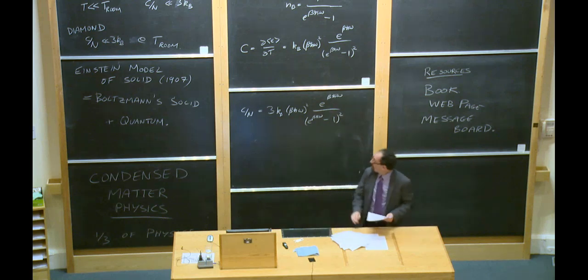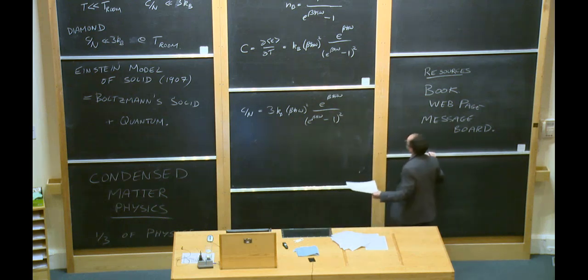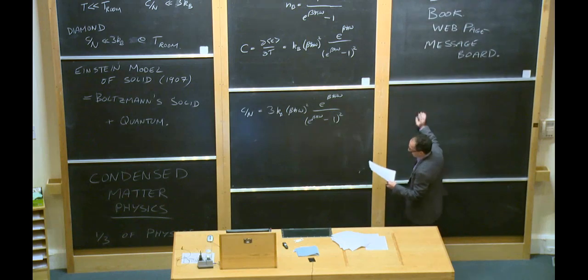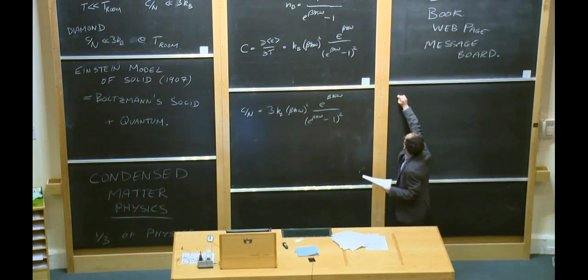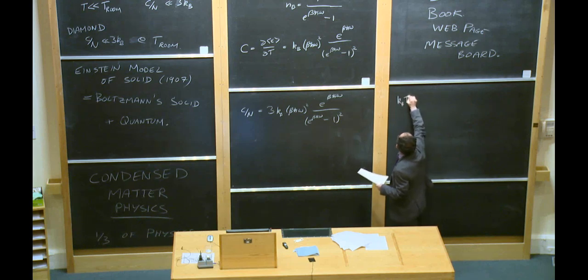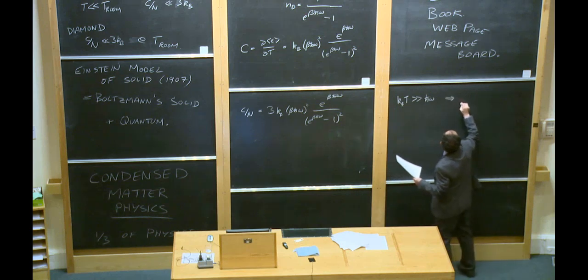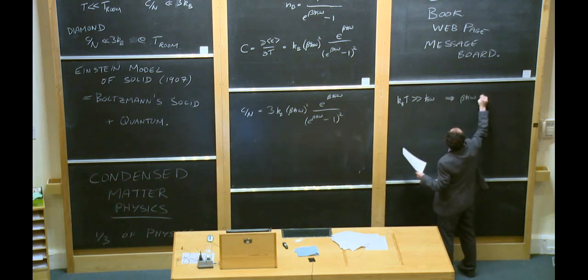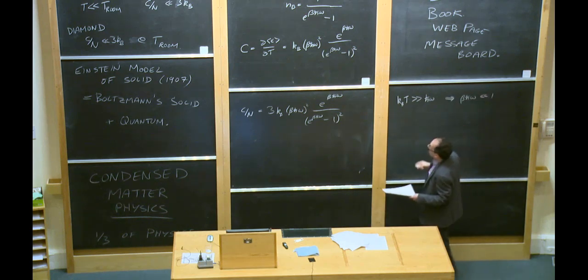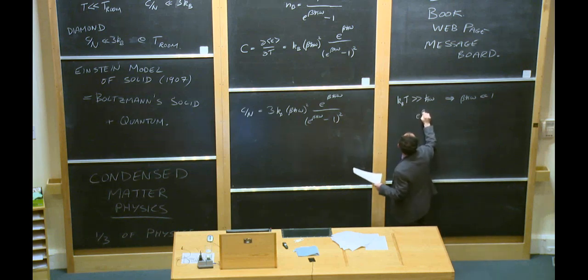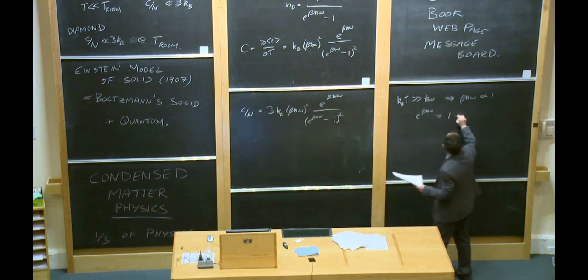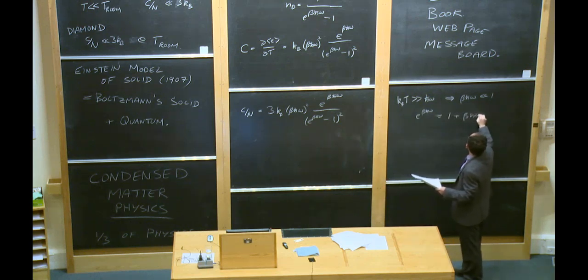So it's worth thinking about this expression for a second and seeing what its properties should be. The first thing we might do is take the high temperature limit, k_B T much greater than h bar omega, or in other words, beta h bar omega much less than 1. And if we do that, then e to the beta h bar omega is approximately equal to 1 plus beta h bar omega plus dot, dot, dot.